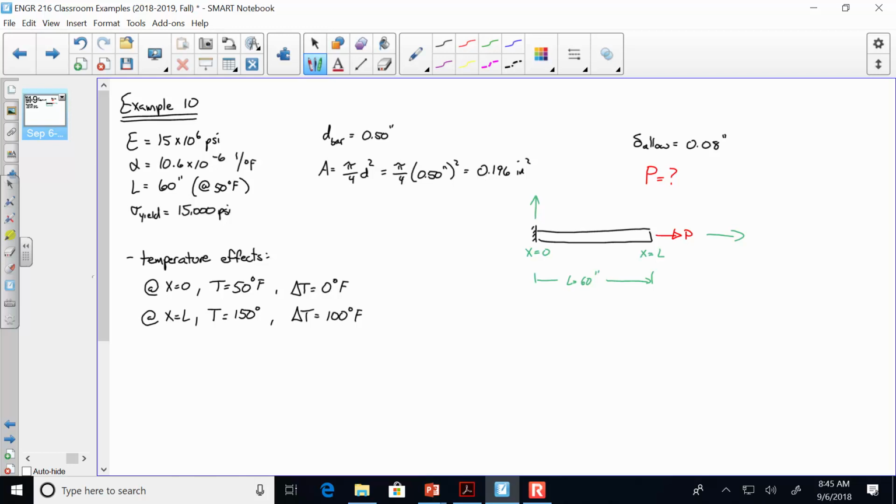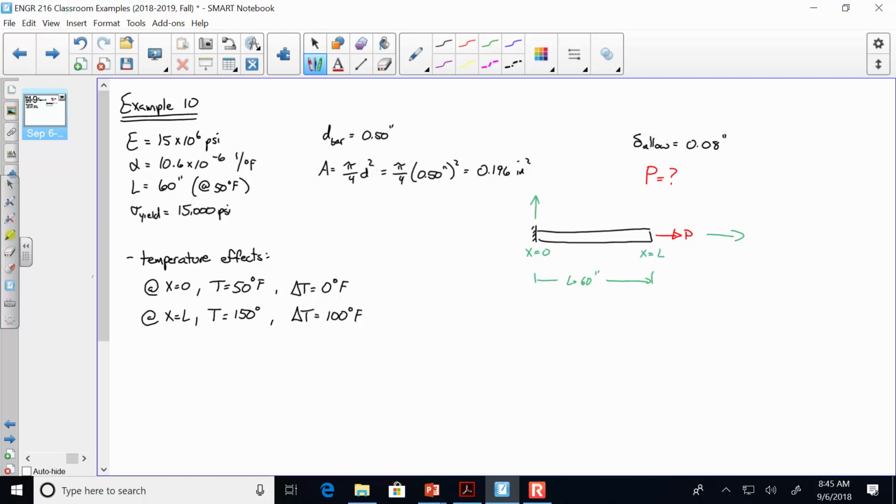How about this? They said it varies linearly, right? So maybe what we need is the equation of a line. At x equals 0, here's a value, and at x equals L, here's a value. So how do I determine the equation of a line? I need a slope and a y-intercept, right? So how about this?